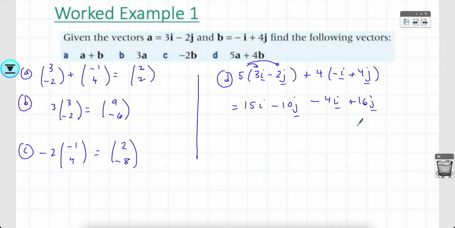And then just like you do with algebraic operations, you combine the like terms. But in this case, we don't call them like terms. It's just the fact that they are components. It doesn't make sense to add a j and an i because they represent different directions. So you take the similar components, and we end up with this.